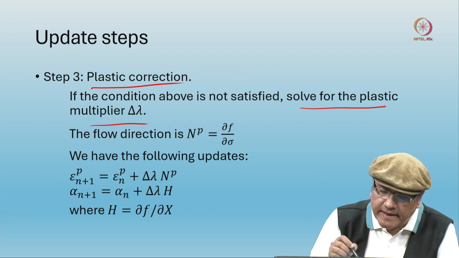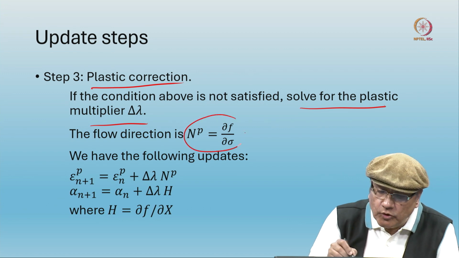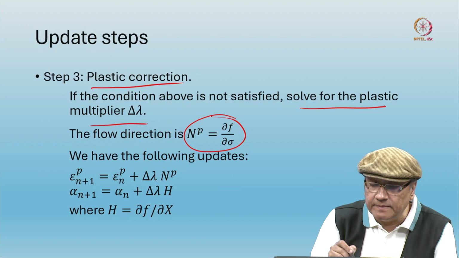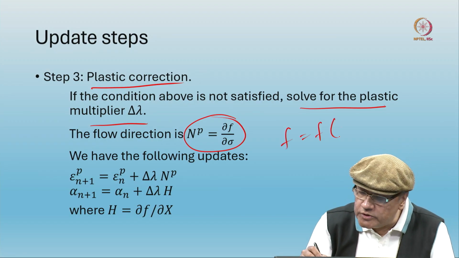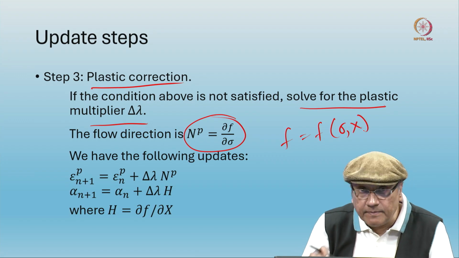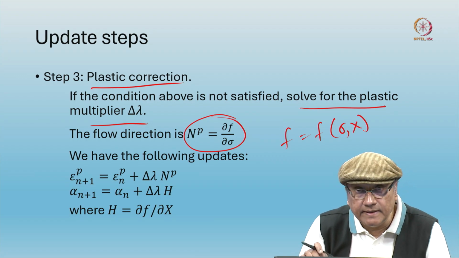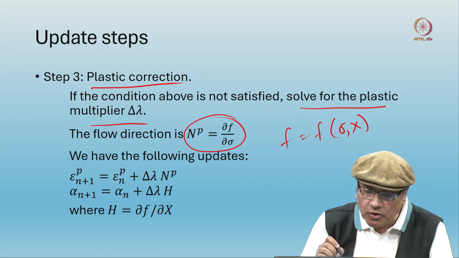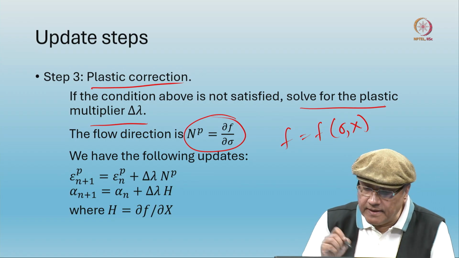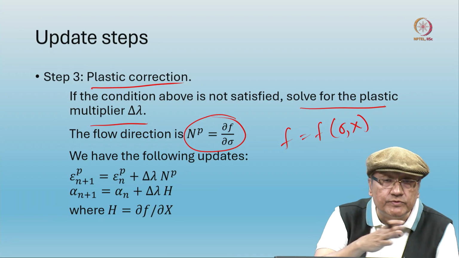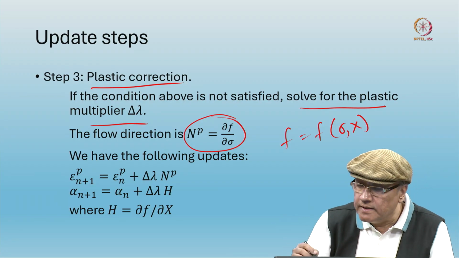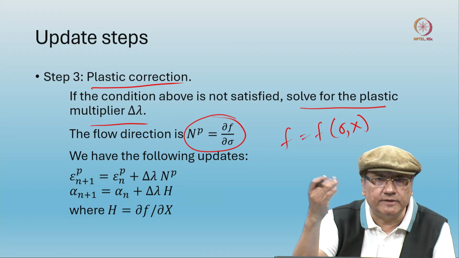So basically what we are saying is that the flow direction corresponding to sigma, because f is now a function of both sigma and x. These are my forces, not only sigma, x is also an extra force. So corresponding to sigma we have epsilon p dot which produces power, and corresponding to x we have alpha dot, right.